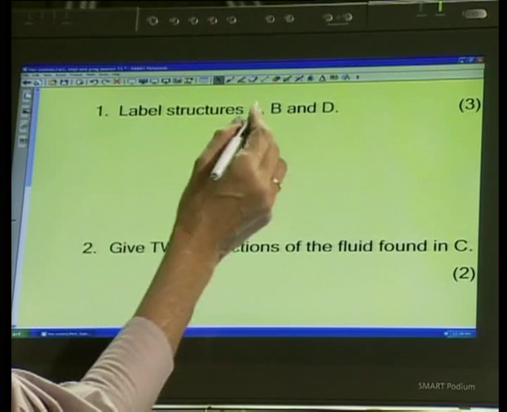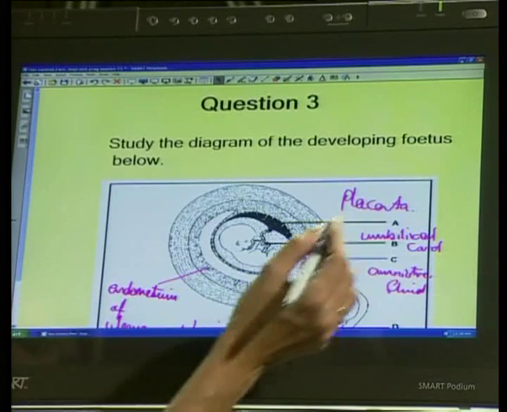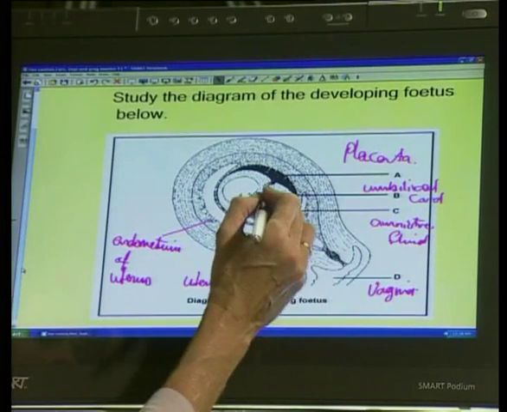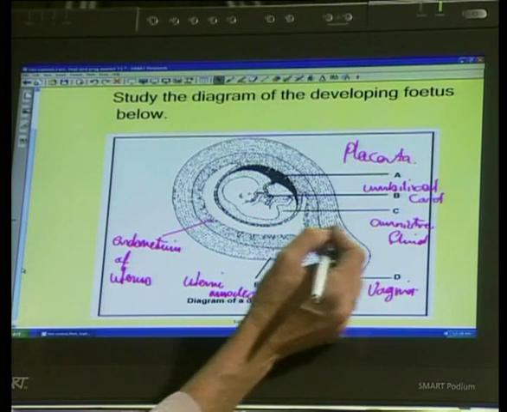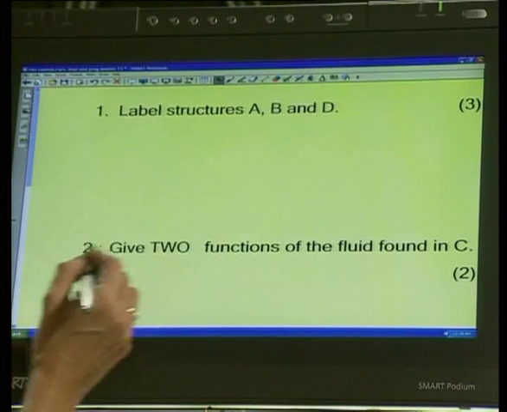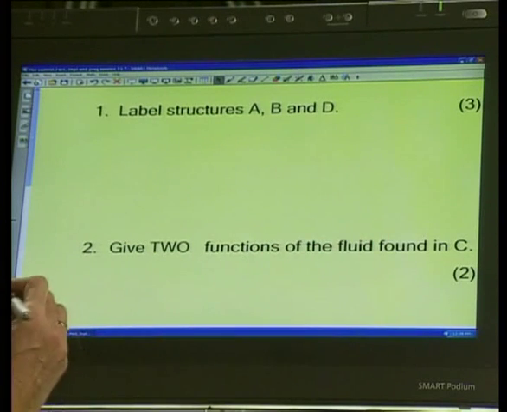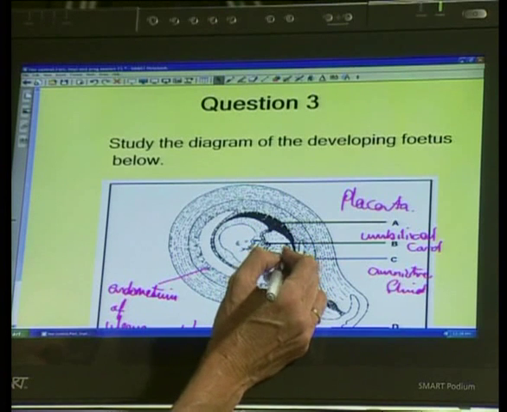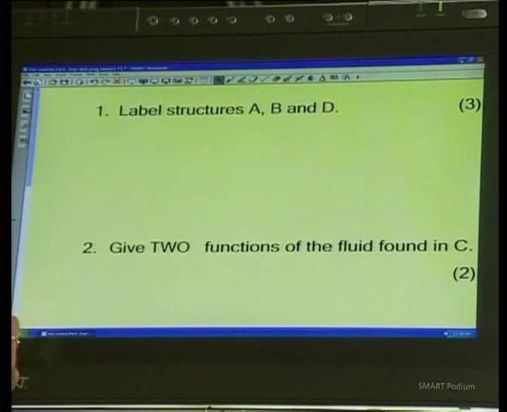Okay, label structures A, B, and D. So A was the placenta, B is the umbilical cord, and D was the vagina. Okay, give 2 functions of the fluid found in C. I told you, I warned you, this fluid, the amniotic fluid, they are always going to ask you. Now we know, one function of the amniotic fluid, act as a shock absorber.